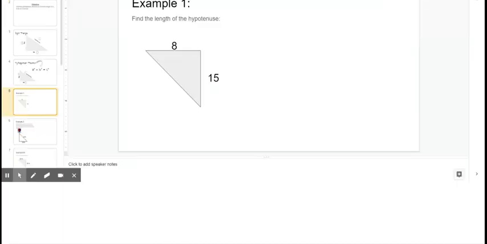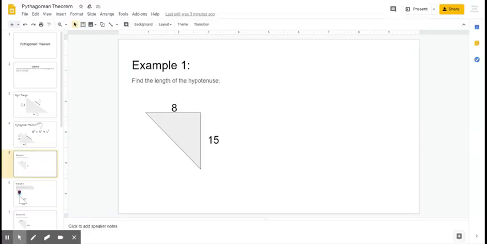So here is our first example. We need to find the length of this hypotenuse. We are given a right triangle. I'm going to input the little symbol here so that you know. And we'll get started. The theorem is a squared plus b squared is equal to c squared.